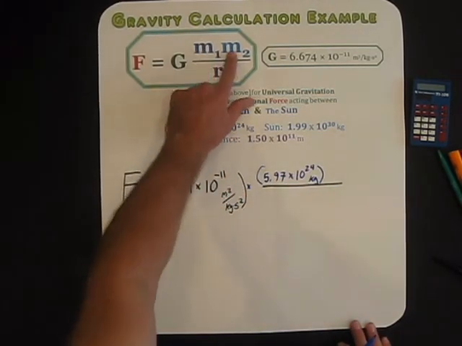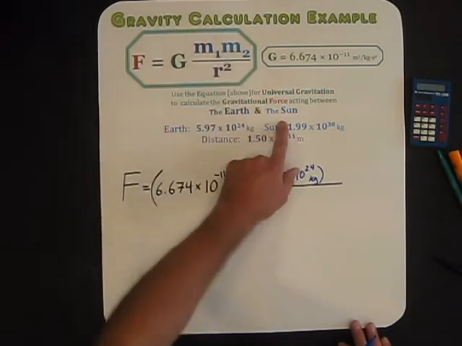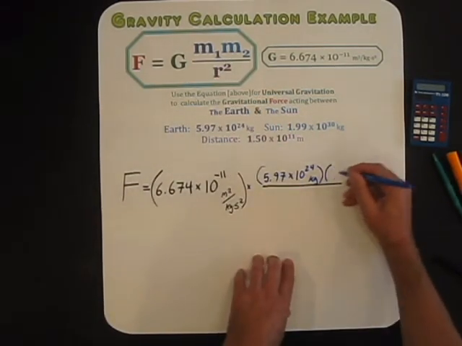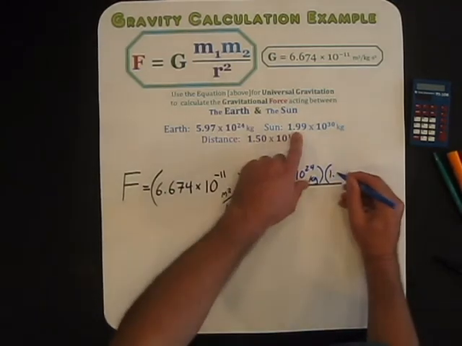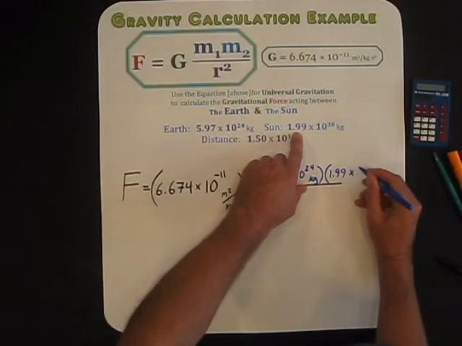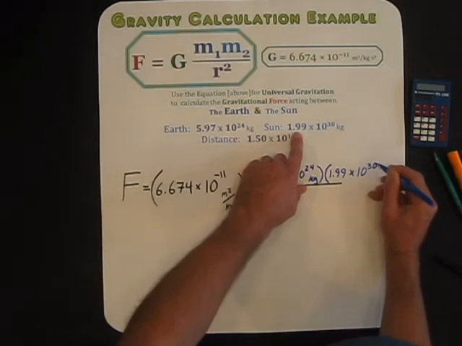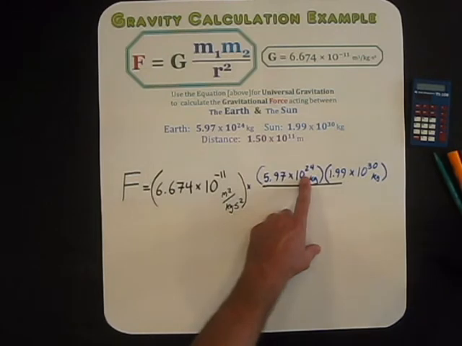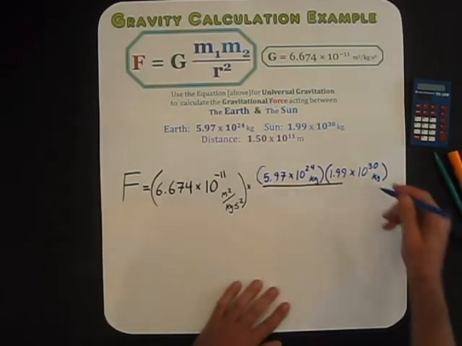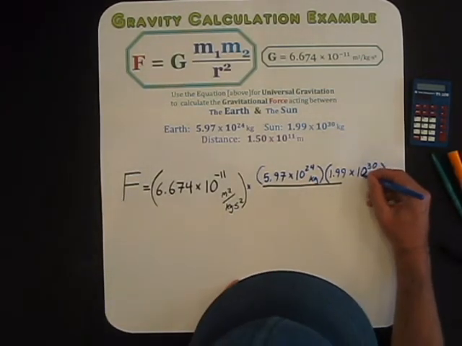And then that gets multiplied by the mass of the other object. Oh, the sun. The mass of the sun, well, it better be a lot bigger than the Earth. Let's see. 1.99 times 10 to the 30th kilograms. Okay, that's a lot bigger. 24th here and 30th there. Let me just darken this a little bit so you can definitely see it.